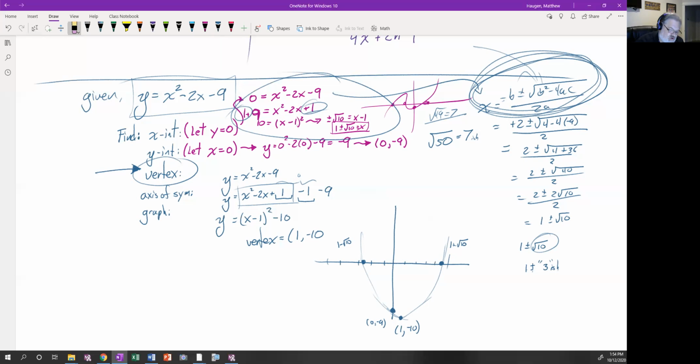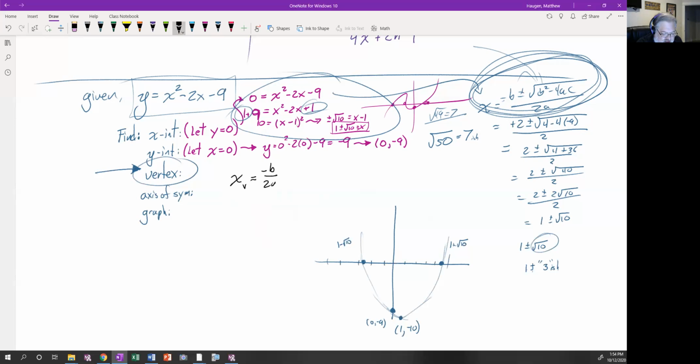Now you also have, if you don't like completing the square, as apparently some of you still don't, which isn't the worst thing in the world, but you want to get really comfortable with it, we also have that vertex formula, that the x value of the vertex is -b over 2a, right? Now, of course, we've talked about how that formula comes from completing the square.